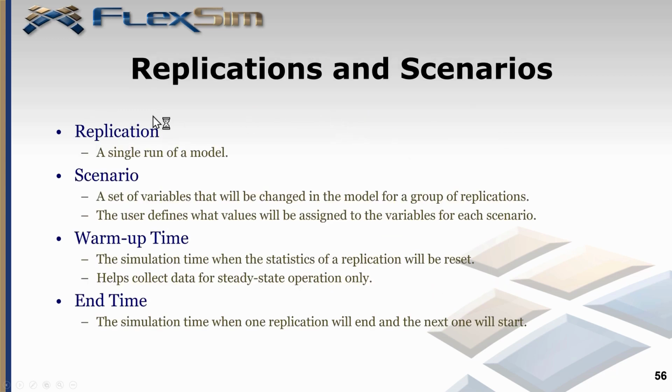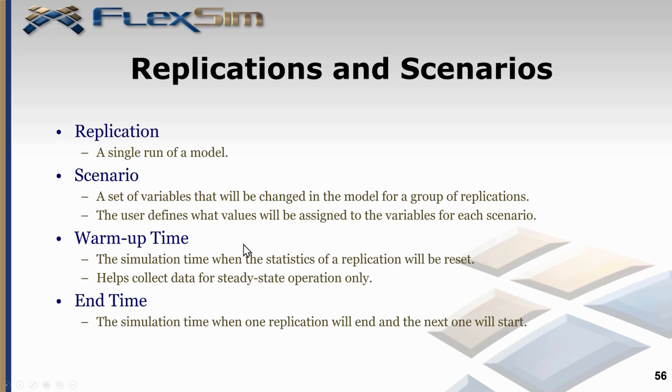So, definitions. Replication is a single run of a model. A scenario is a set of variables that will be changed in the model for a group of replications. The user defines what values will be assigned to the variables for each scenario. You'll do that in table form, as you'll see in a minute. There's a warm-up time you can define for an experiment.